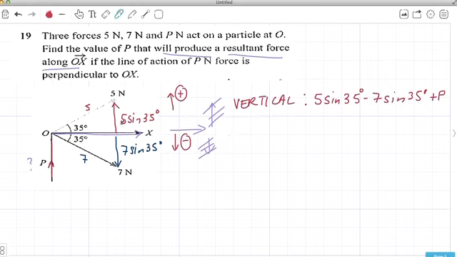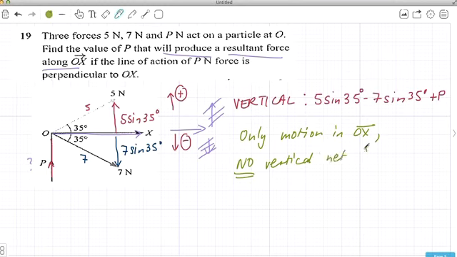Now, in order for there to only be motion in the O to X direction, we have to have no vertical net force. So all of this stuff that we've just written down, all of this force, has to be equal to 0.